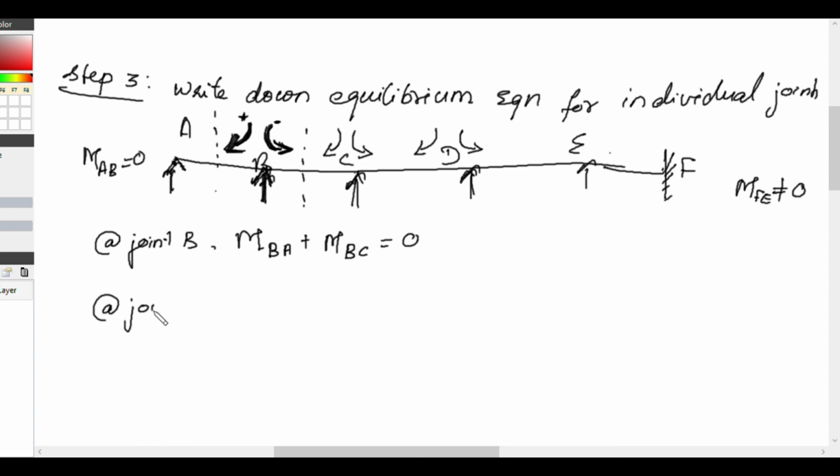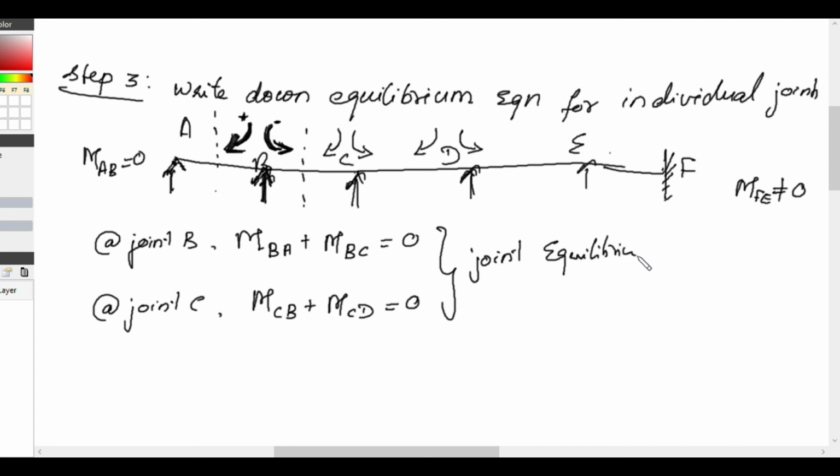Similarly, at joint C, MCB plus MCD will be equal to 0. This is called the joint equilibrium equation. So your third step is to write the joint equilibrium equations.